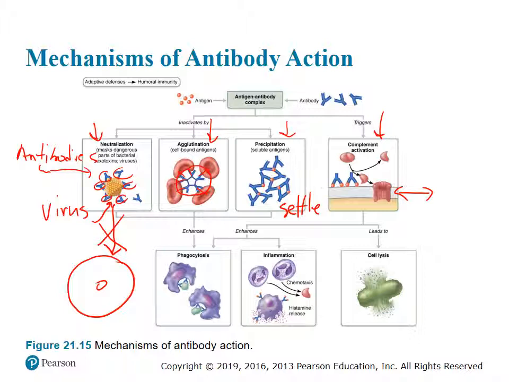What can happen is that the antigen will tell the complement proteins, which are part of the second line of defense, to come and start building a pore, an integral protein. This creates a hole that causes fluid to rush out of a cell.